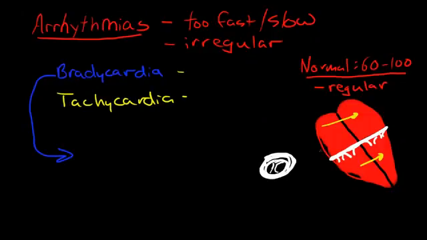Now, the valves and the annuli of the valves create a cartilaginous barrier of connective tissue separating the atria and the ventricles.